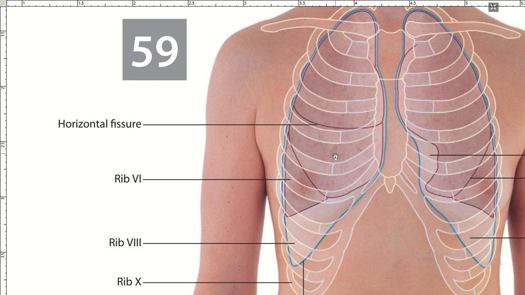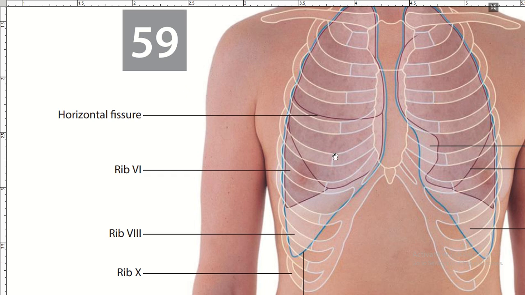So the orientation is the same if we talk of the parietal pleura. You just add 2 for the inferior border of the parietal pleura.